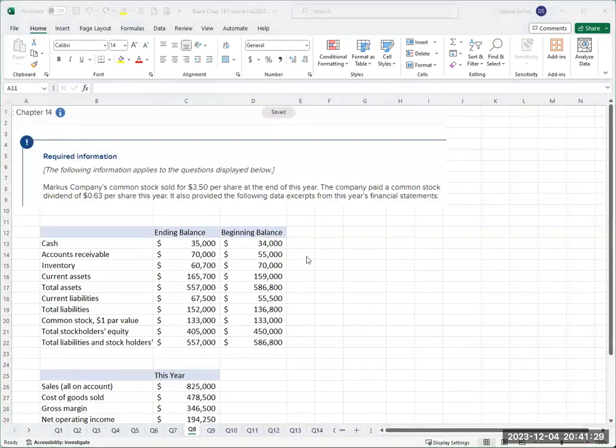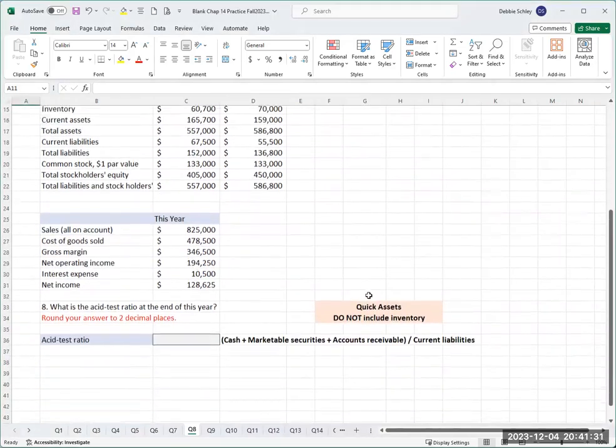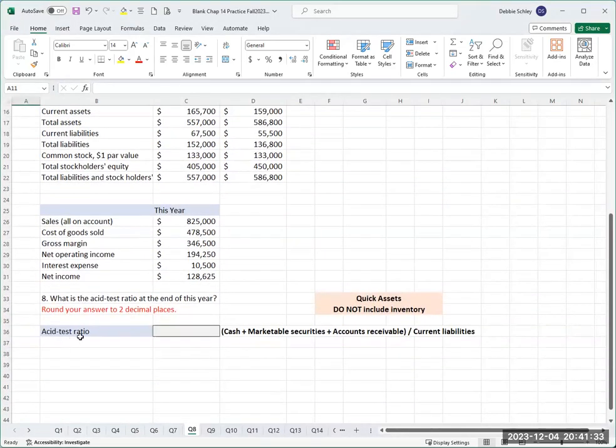Question 8. All right. So asset test ratio, remember this is the one with our quick assets, which are cash, marketable securities, and accounts receivable. It does not include inventory. And again, we're doing the end of this year, so we need to do the ending balances. In this particular problem, we don't have any marketable securities. So it's going to be cash plus accounts receivable divided by current liabilities.